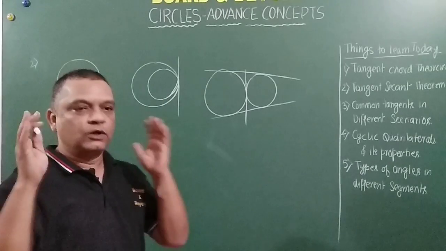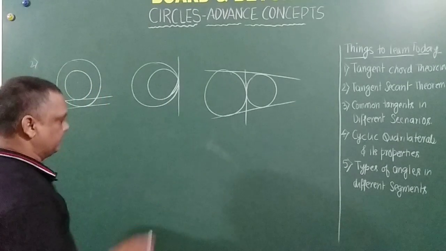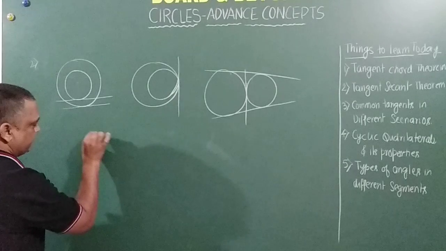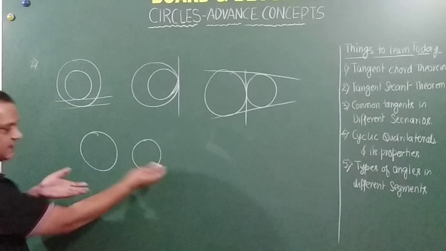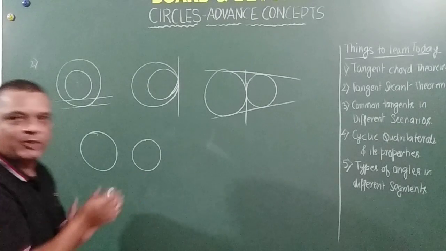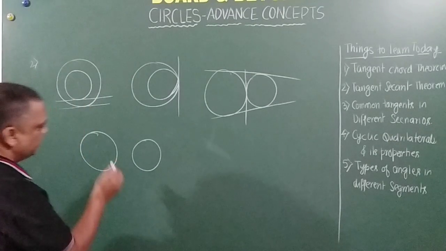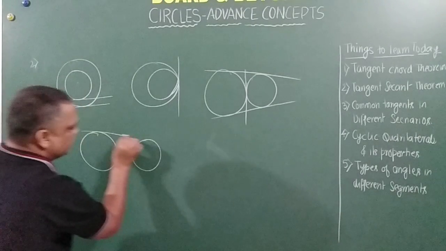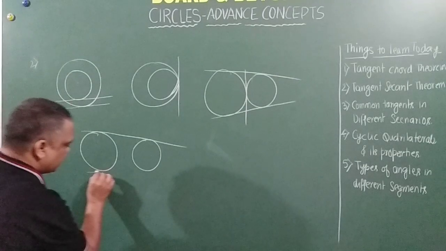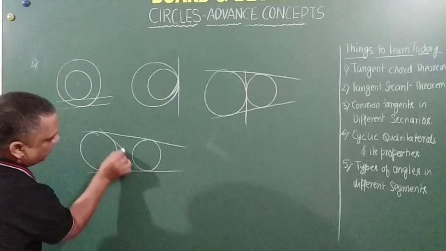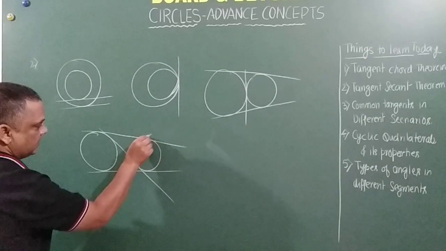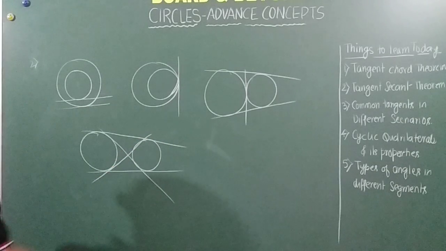Now two circles not touching but in the same plane, something like this. One circle, second circle, they are not touching each other but they are in the same plane. That is what is given, right? So one common tangent is like this, the second common tangent is like this, the third common tangent is like this, the fourth common tangent is like this, right?